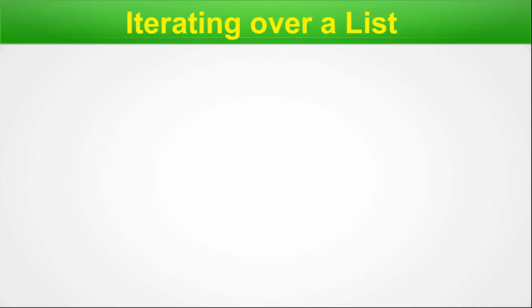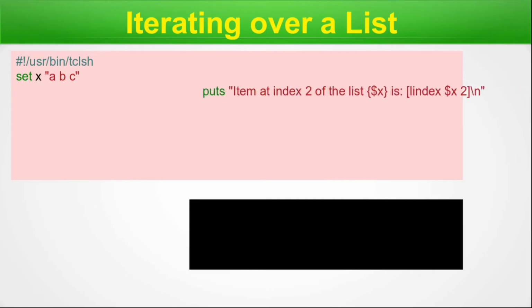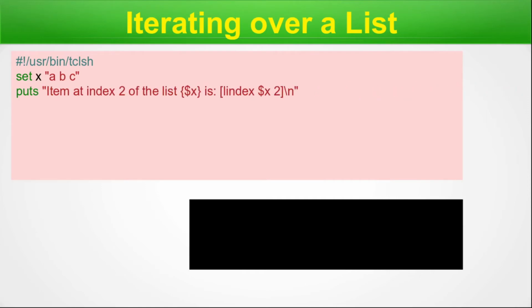Iterating over a list. Pink box code, black box the output. Okay, so we start here with our code, and here we are setting the list x with the elements A, B, C, and we are just echoing here. In this particular puts statement I have used the lindex command within the square brackets directly in the puts.